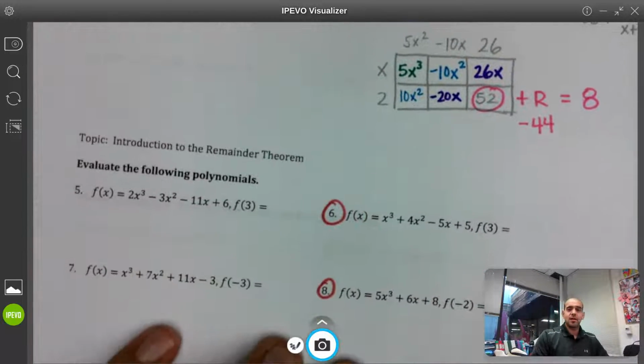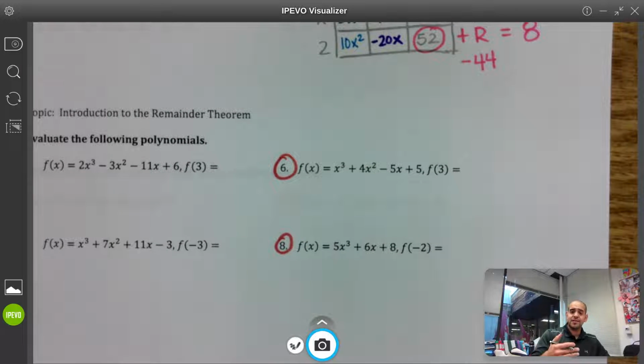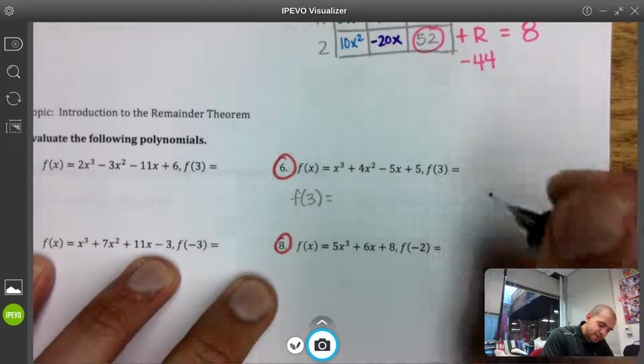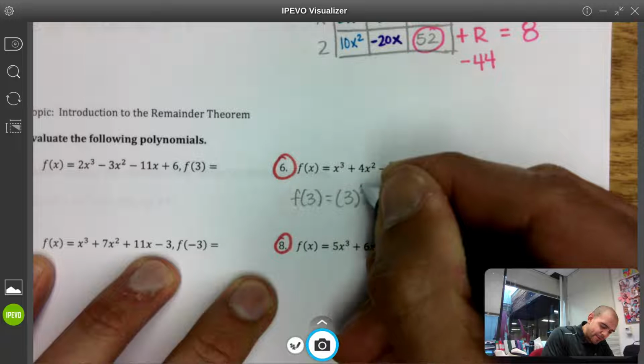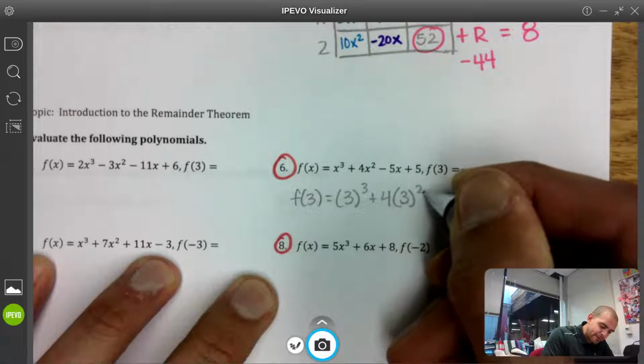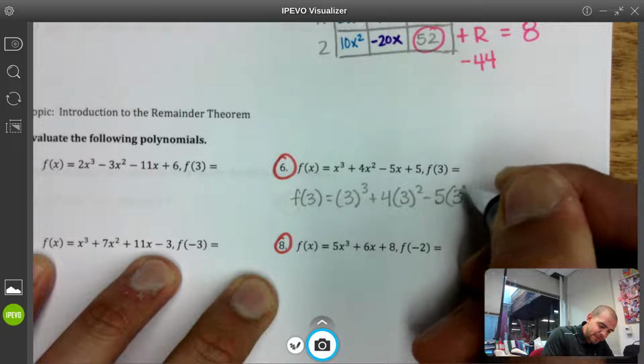Number 6. So all it's asking you to do is replace your x value with what they're telling you. So you're going to do f of 3. So you're going to do 3 to the third power plus 4 times 3 to the second power minus 5 times 3 plus 5.